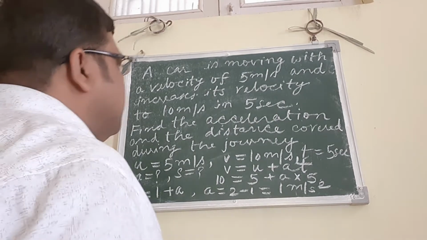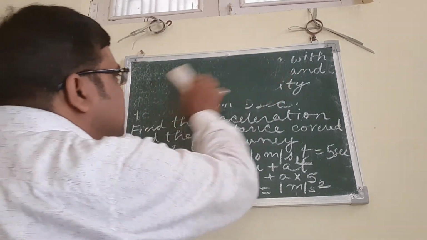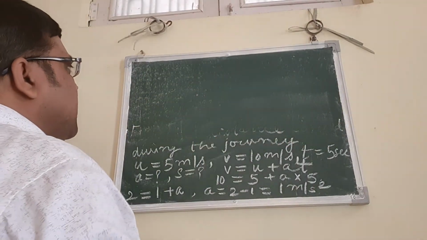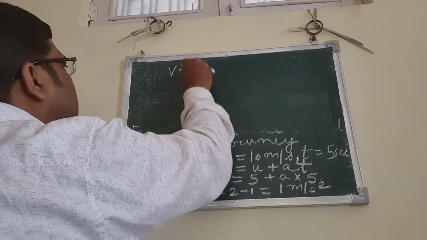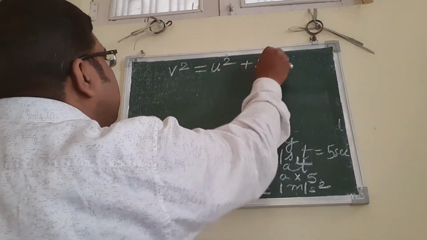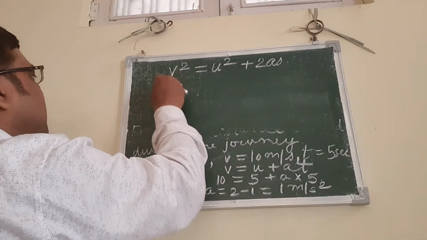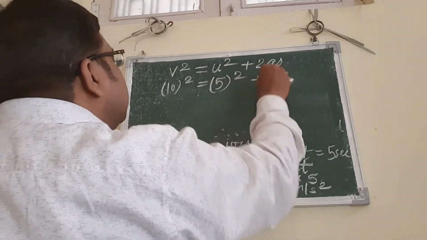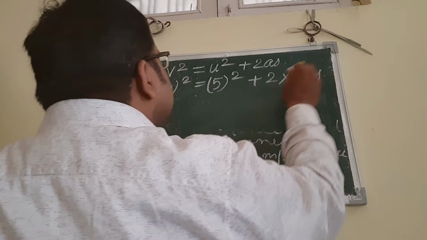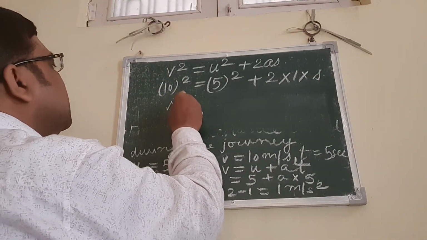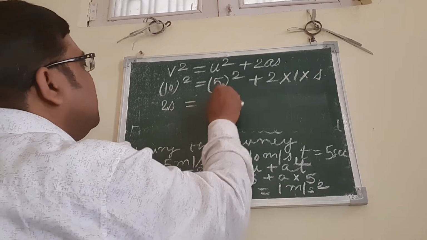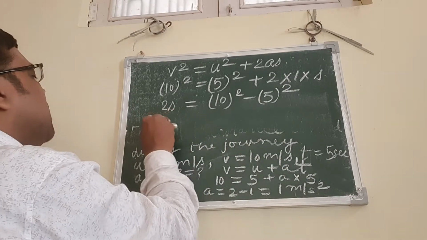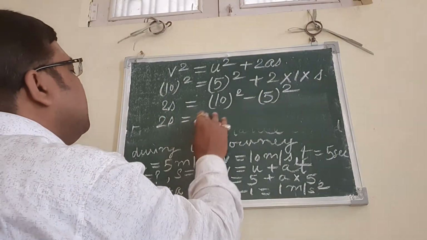So now we are going to find the distance moved. So applying the third equation of motion, v square equal to u square plus 2as. Substituting the value, that is 10 squared equal to 5 square plus 2 into 1 into s. So 2s is equal to 10 square minus 5 square. Applying a square minus b square formula, a plus b, a minus b.